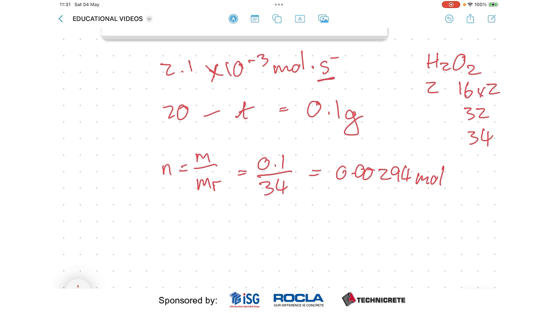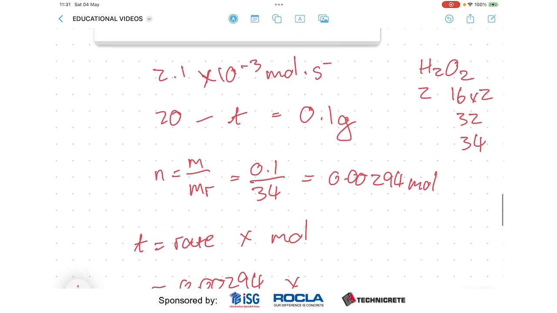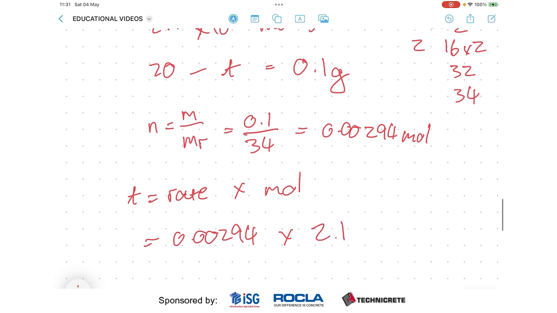Okay. Now let's multiply our moles by our rate in order to just be left with seconds, which is the time taken, right? So what we need to do here to get time equals rate times moles. And this is 0.00294 times 2.1 times 10 to the minus 3.